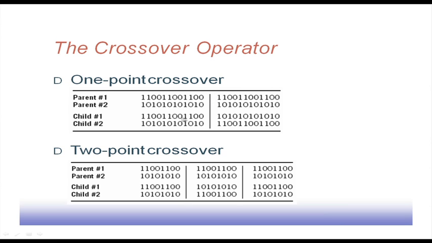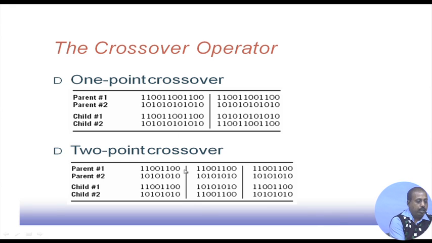In the first child, the first part of parent 1 is copied and the second part of parent 2 is copied into it. So the first part of parent 1 and the second part of parent 2 form child 1. Similarly, the second part of parent 1 followed by the first part of parent 2 forms child 2. This is for 1 point crossover. There may also be 2 point crossover, over this length of the individual.